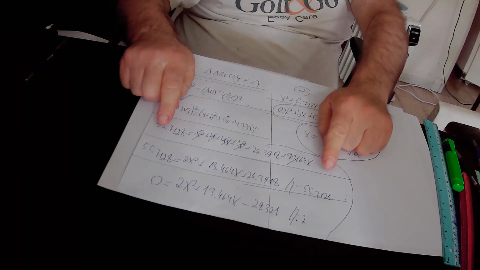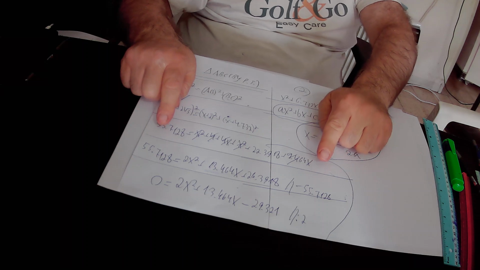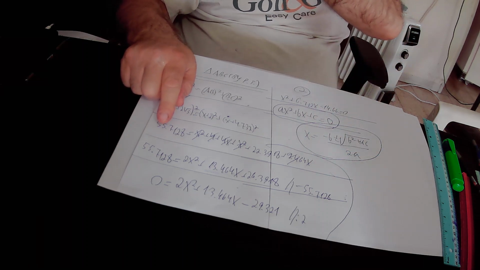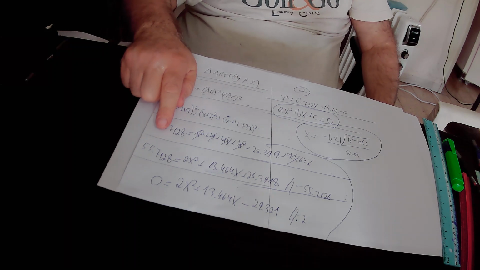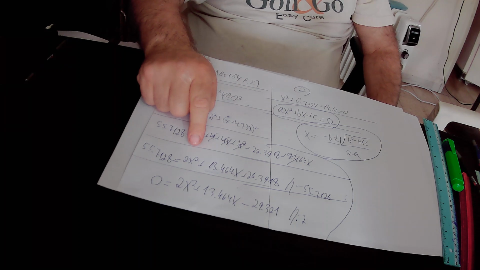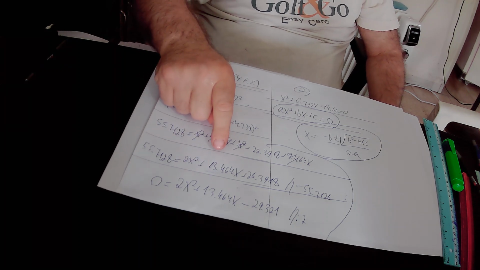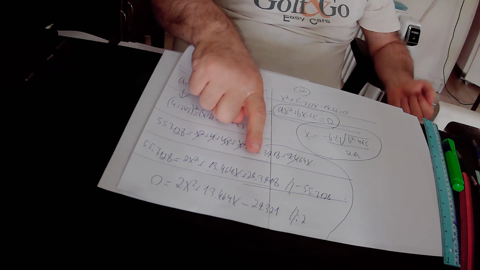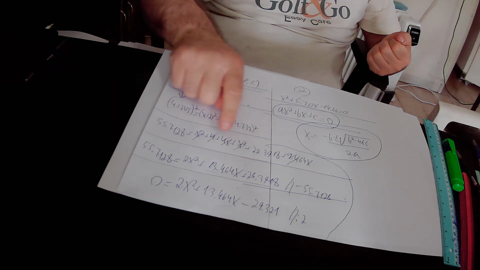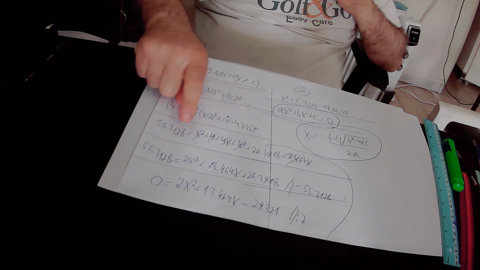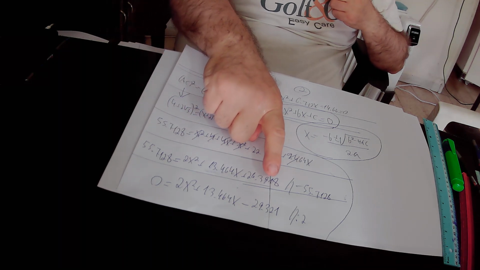Here we subtracted 55.7128 from this equation, and finally found that on this side of the equation we are left with nothing, that is to say 0. On the other side, we are left with 2x squared plus 13.464x, and we have here 26.3918 minus 55.7128 equals minus 29.321.